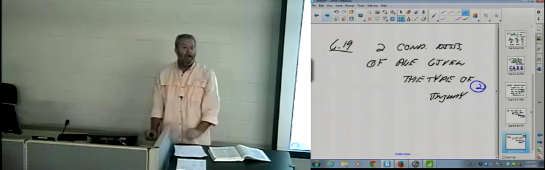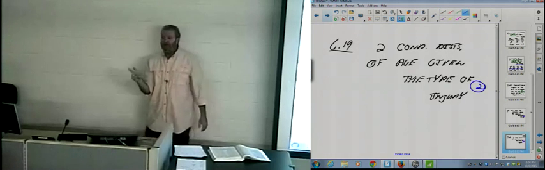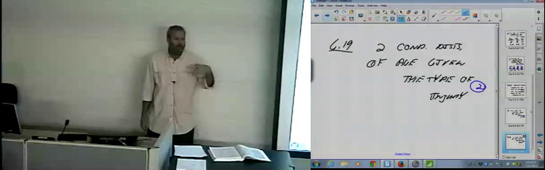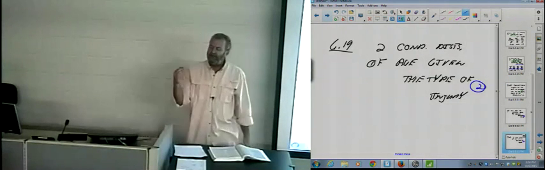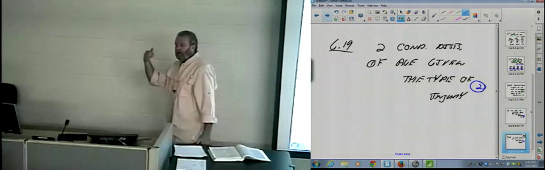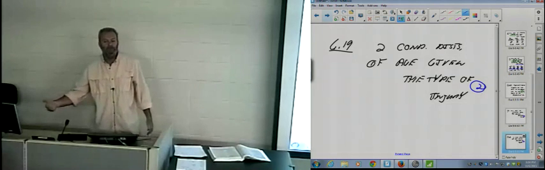Does everybody understand why I wrote a 2 there? There are 2 types of injuries. So there's a conditional distribution of age for accidental injuries, and there's a conditional distribution of age for non-accidental injuries.